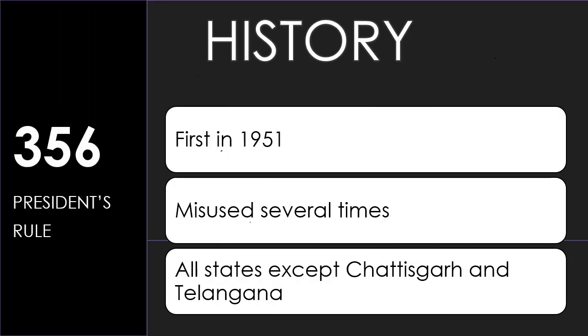Since 1951, President's Rule has been proclaimed, used, abused and misused several times. In fact, it has been applied in all of the states except Chhattisgarh and Telangana. And the reason for that is perhaps that these are relatively new. But if you look at any of the older states, then the President's Rule has been proclaimed there.